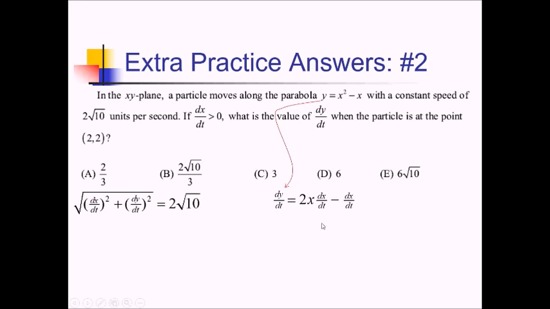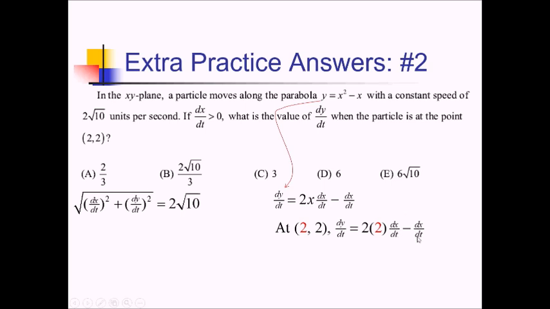All right, so one thing that'll help us out here, they told us we were at the point 2 comma 2. So if we're at 2 comma 2, that means I can replace this x in here with 2. So I've got dy over dt equals 2 times 2 dx over dt minus dx over dt. So this is really 4 dx over dt minus 1 dx over dt.